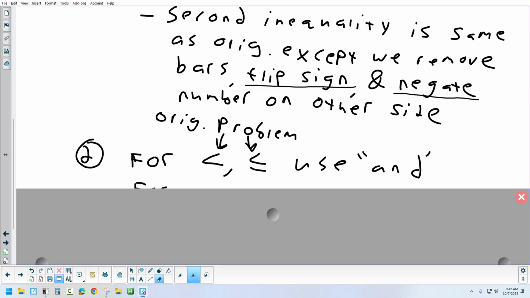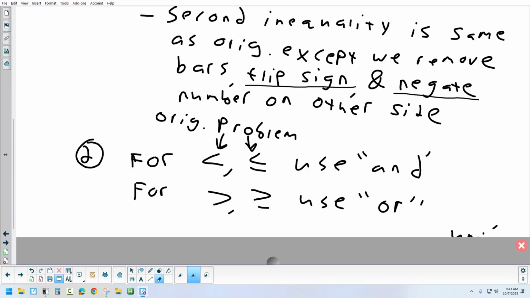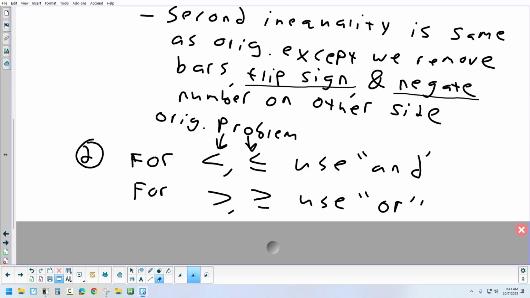If the original problem has a less than or equal to, we're going to use the word and. If the original problem has a greater than or equal to, we use an or.